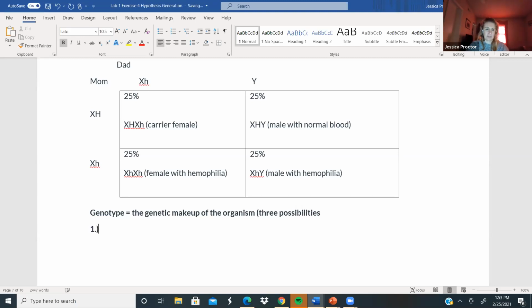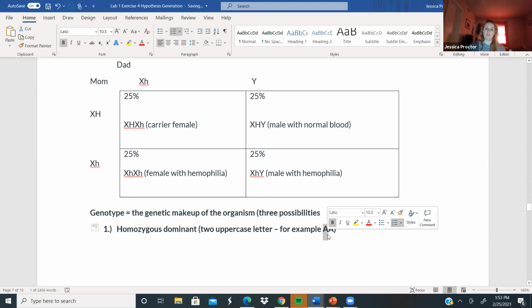So first possibility, homozygous dominant. That would be two uppercase letters, for example, big A, big A. Each uppercase A is representing one of the alleles.